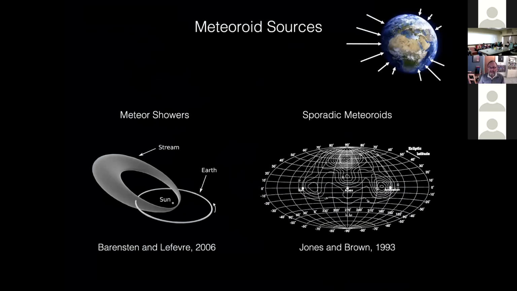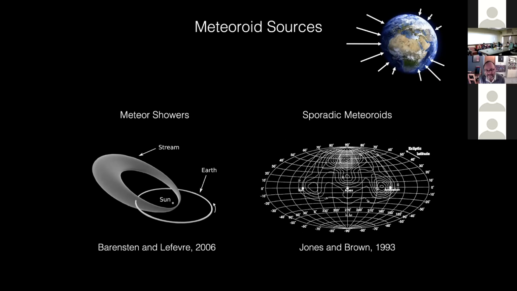So I am sure you are all familiar with, the Earth is receiving on the order of 100 tons of cosmic dust every day. We typically sort the incoming dust particles into two types. The meteor showers, specific times you go out and you see shooting stars and so forth.